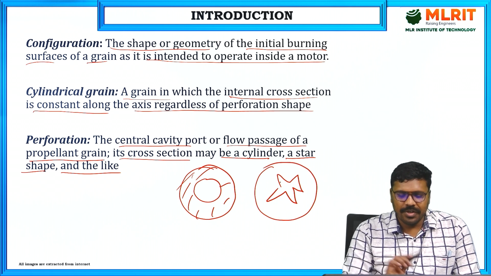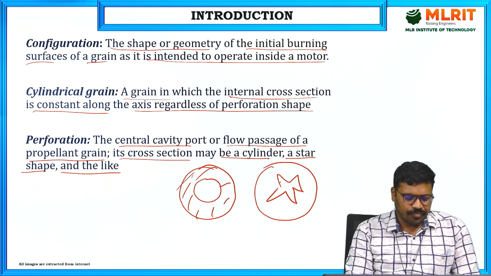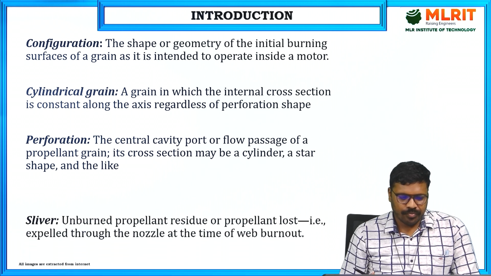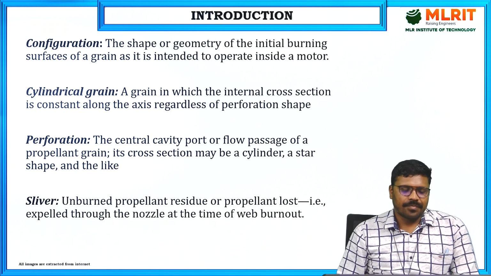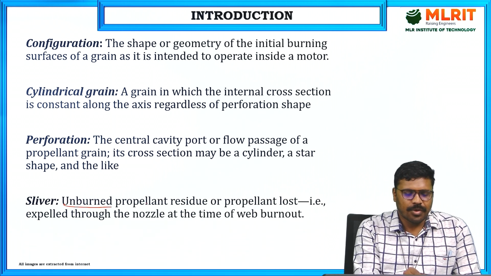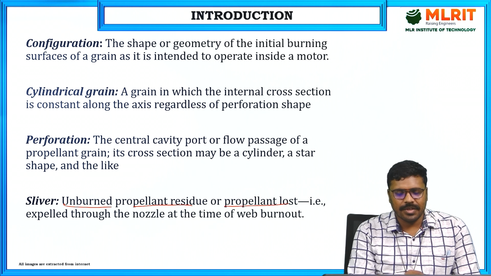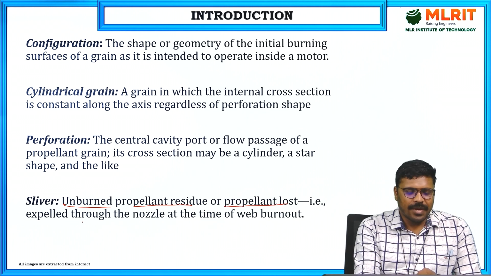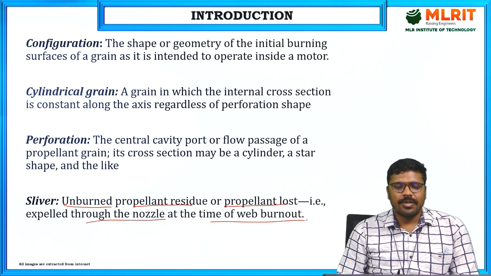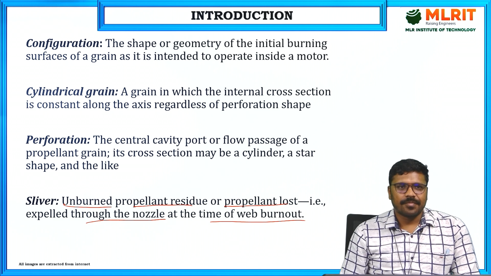The central cavity can be any shape. Sliver is the unburned propellant residue, the propellant lost or expelled through the nozzle at the time of burnout, and this is called sliver.